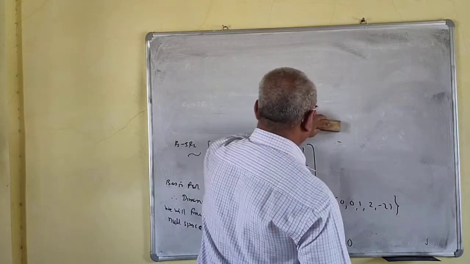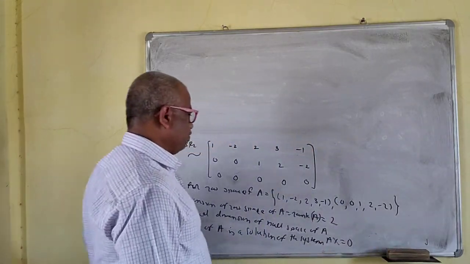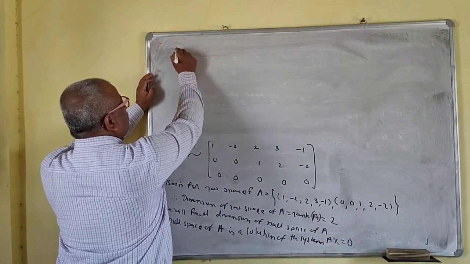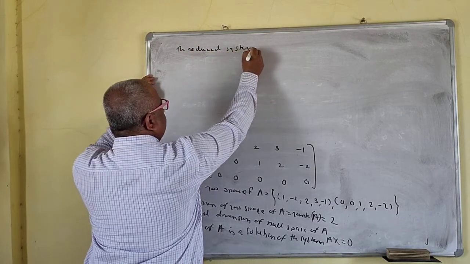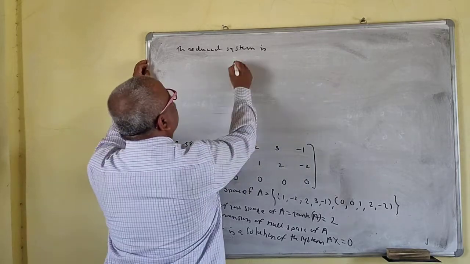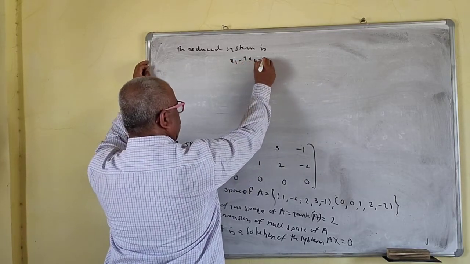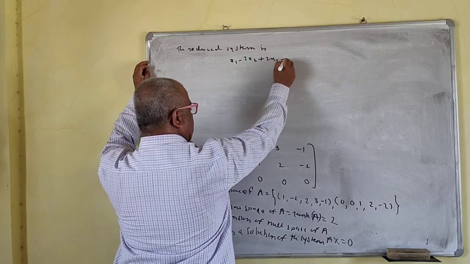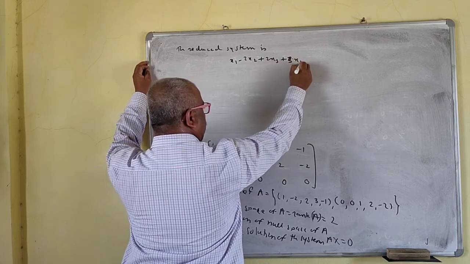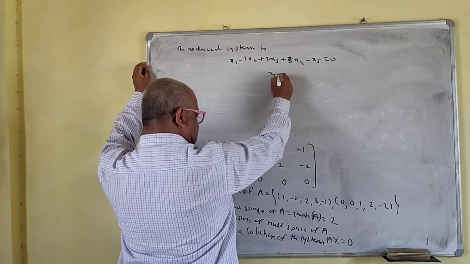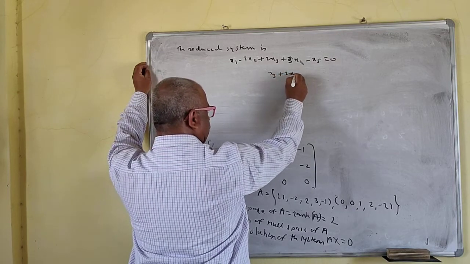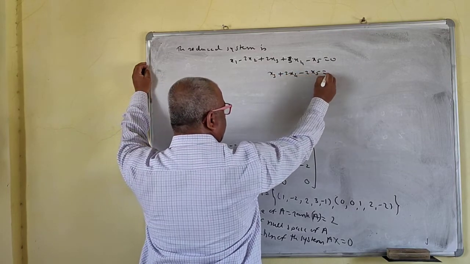Okay, solution space. So the reduced system is: x1 minus twice x2 plus twice x3 plus 3x4 minus x5 is equal to 0, and x3 plus twice x4 minus twice x5 is equal to 0.